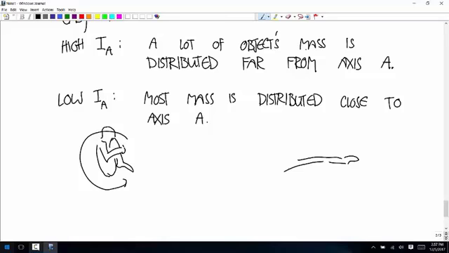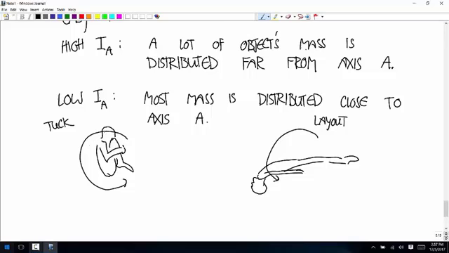These aren't the only two ways. So this is called a tuck, and this is called a layout. If you're looking for a way to get a lot of points, you get a lot more points for doing a double layout than you do for doing a double tuck.